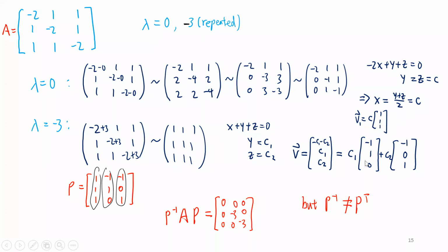But of course, you know that this is a linearly independent set. If we want to orthogonally diagonalize it, we need to select another set of eigenvectors for these two, such that these two are orthonormal.